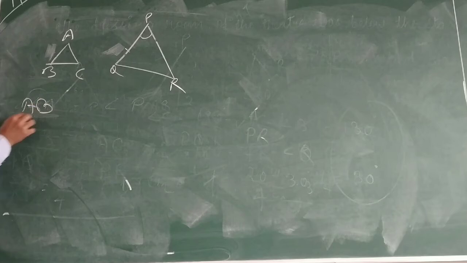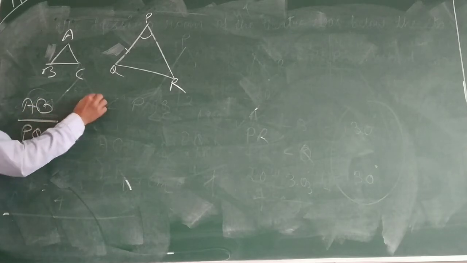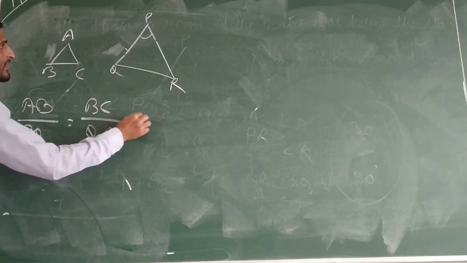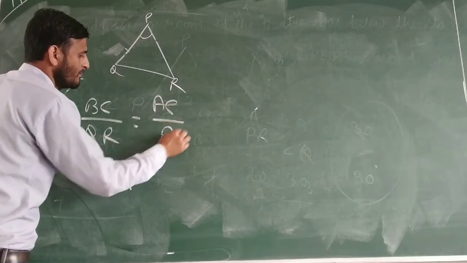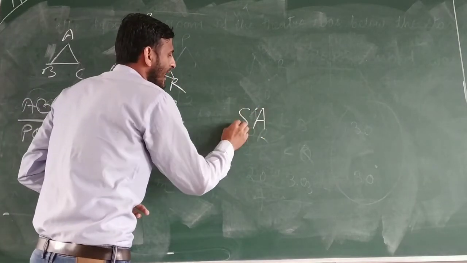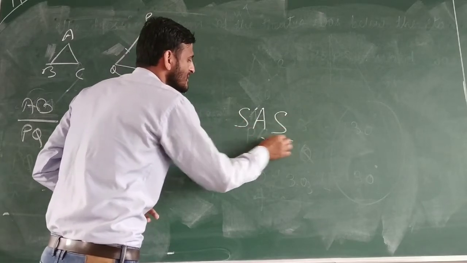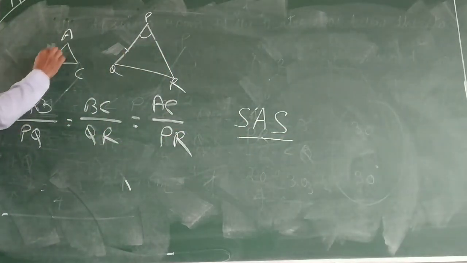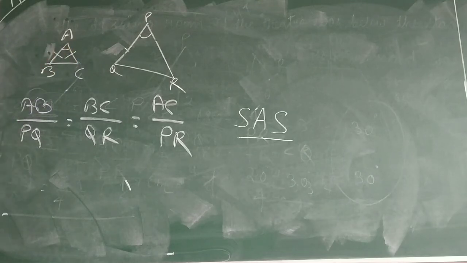So we can write AB by PQ is equal to BC by QR is equal to AC by PR. And the property of this similarity is known as side angle side. Got it, students? Yes? Any problem? After postulate 2, we will move to postulate 3.